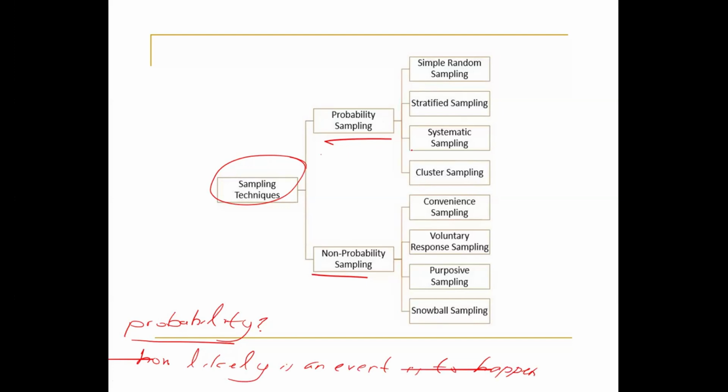In probability sampling, every member of the population has a known or non-zero chance of being selected. Every element in the population has some probability of getting selected. Think of random sampling, where we pick elements randomly from the population.